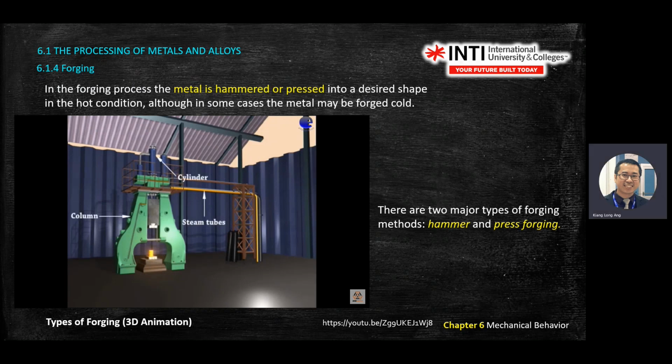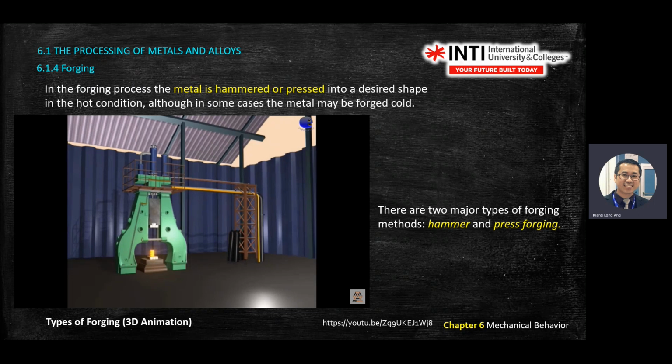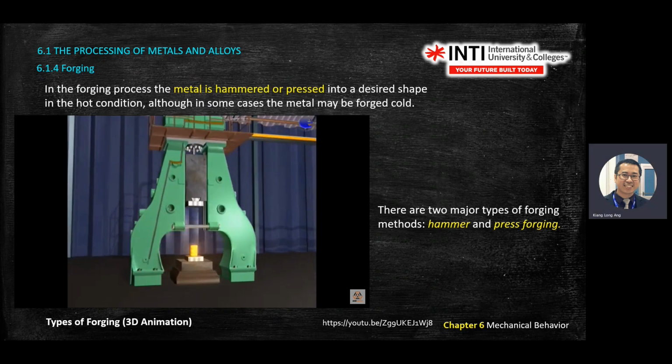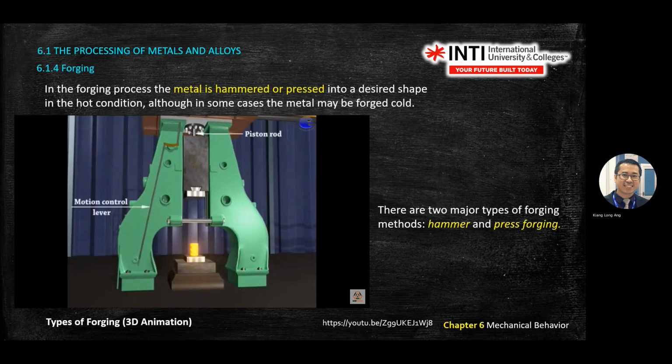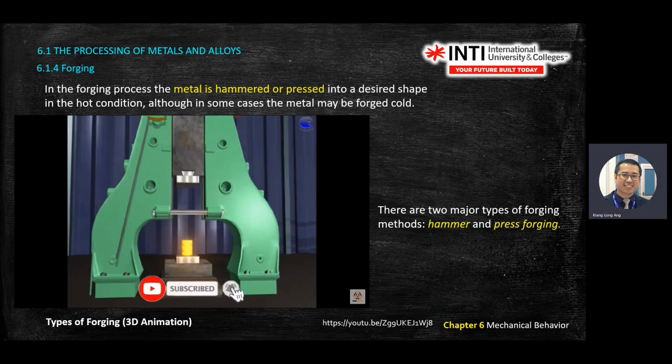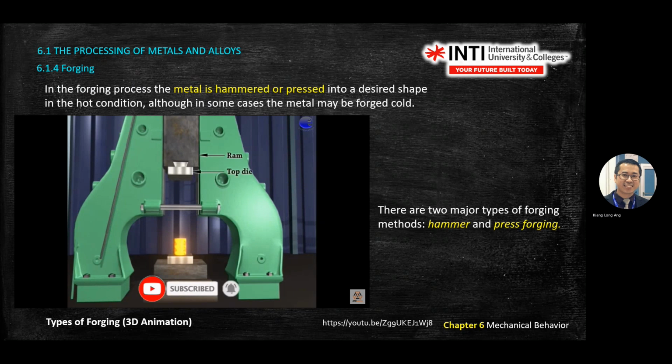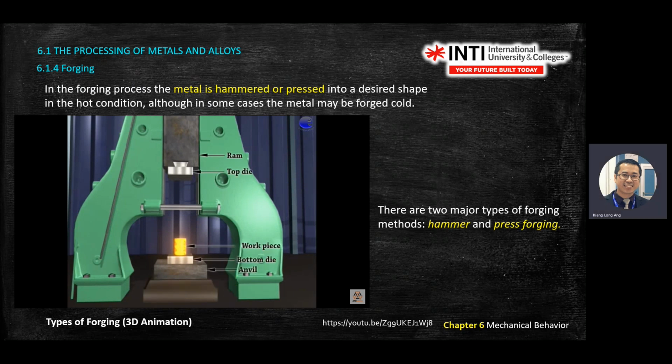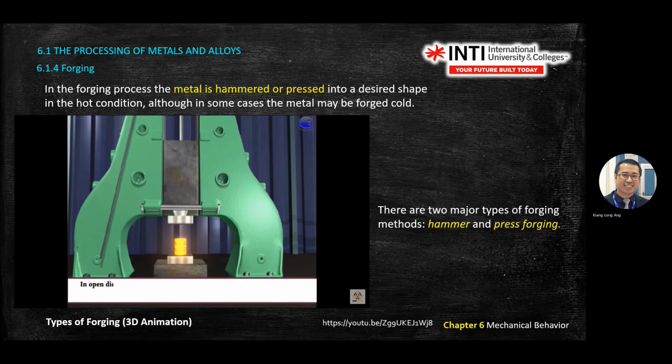You have a piston on top. There's a column, then there's a hammer in the middle. Then it will go down and hit the products. So the die will have the shape that you want. Then you're going to hit the things. You have a top die and bottom die.